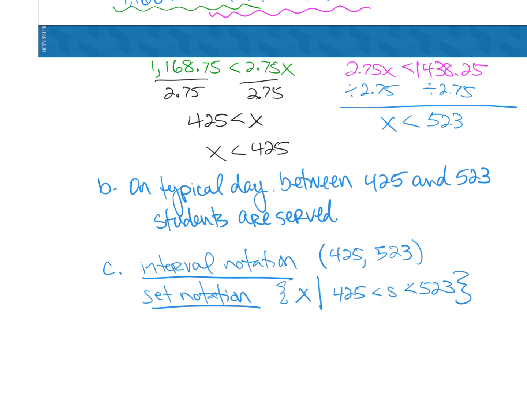So this is how we do two things in one, because they wanted the lower end, but they also wanted the higher end, because we were given the 1,168.75 amount of money, and then the higher end was 1,438.25, and it's going to go in between those two. So if you're not understanding it, go back, rewind, and then come back, okay?